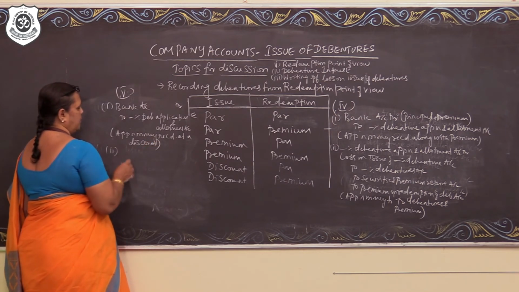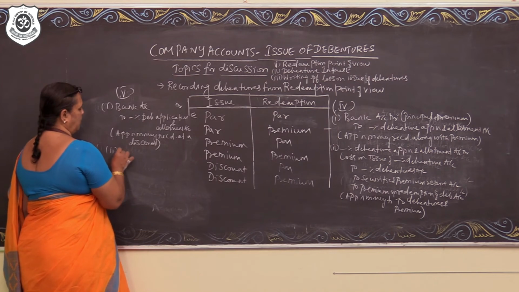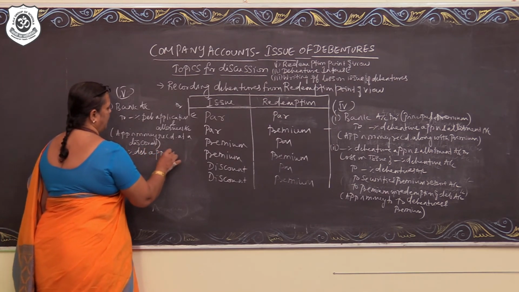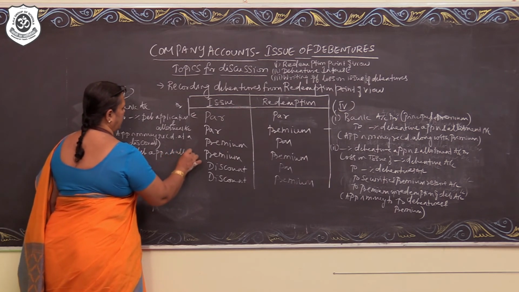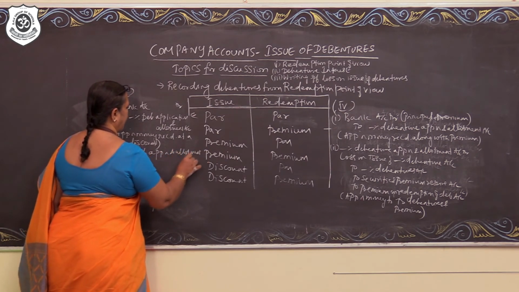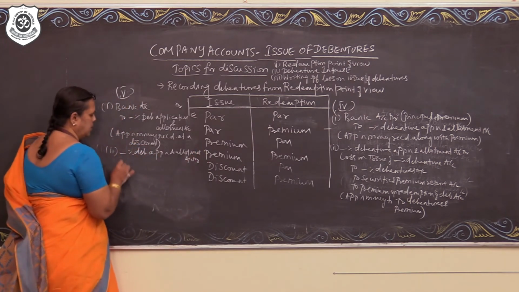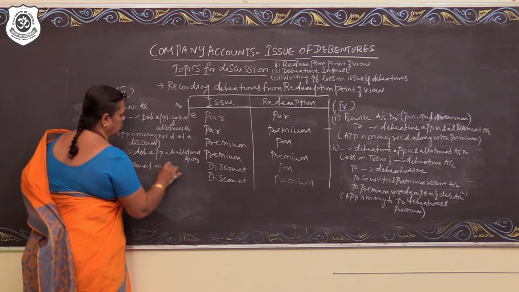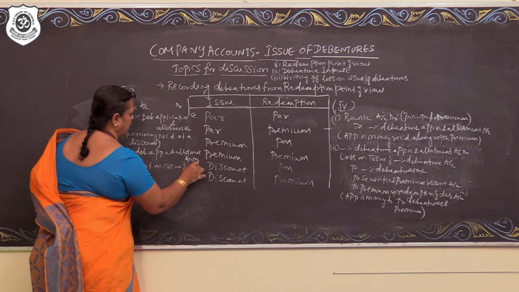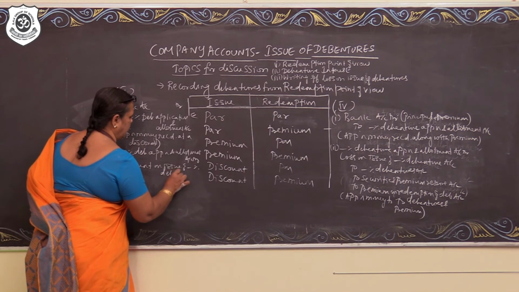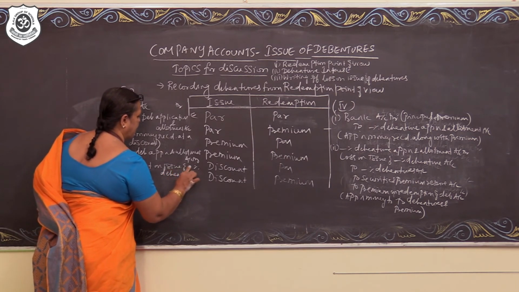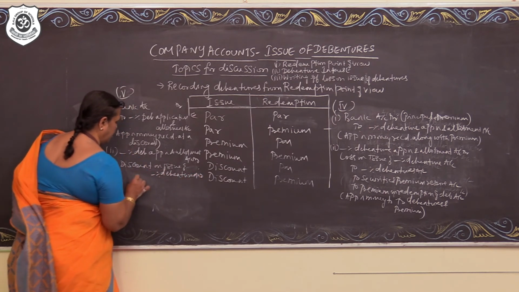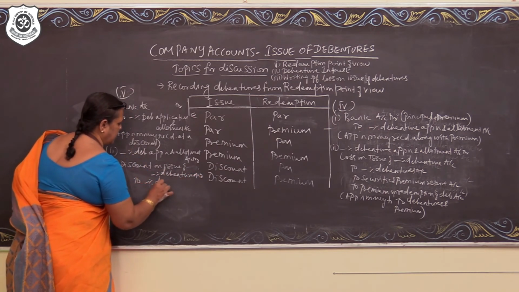Entry number 2 will be dash percent debenture application and allotment account debit, discount on issue of dash percent debentures account debit, to dash percent debentures account.